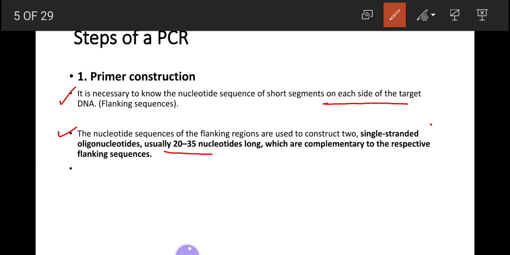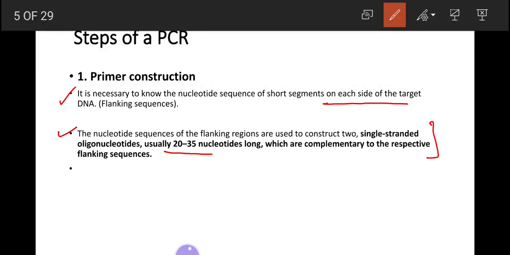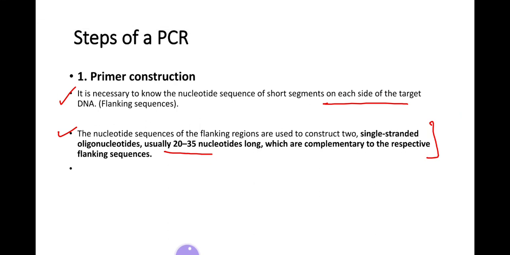So this is the definition of the primer used in the PCR. These are the primers from which the polymerase enzyme will start its synthesis.